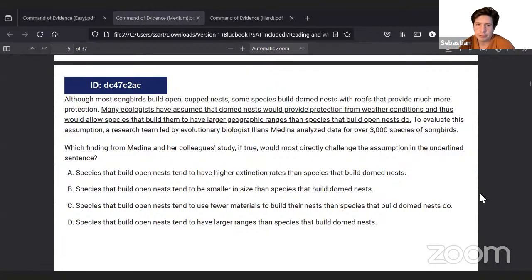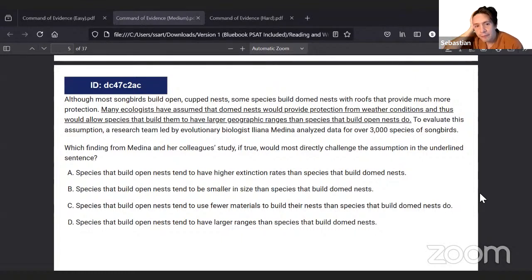Although many songbirds build open cupped nests, some species build domed nests with roofs that provide much more protection. Many ecologists have assumed that domed nests would provide protection from weather conditions and thus would allow species that build them to have larger geographic ranges than species that build open nests do. To evaluate this assumption, a research team led by evolutionary biologist Ileana Medina analyzed data for over 3,000 species of songbirds.